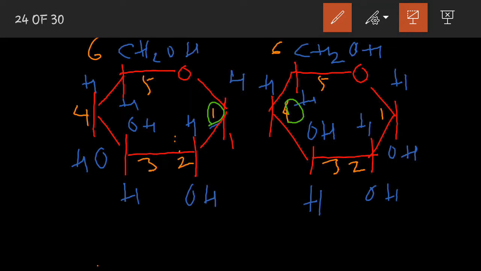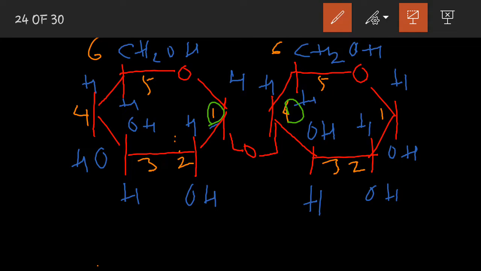Now this carbon links with this carbon through this oxygen atom.